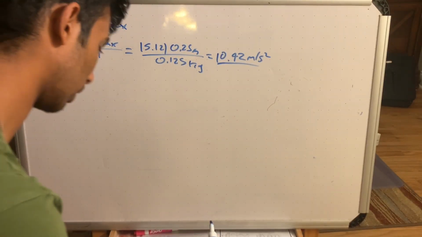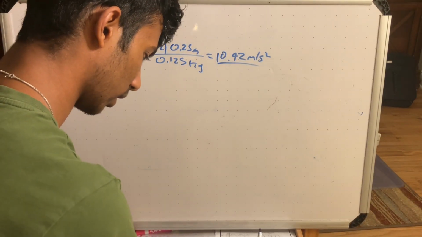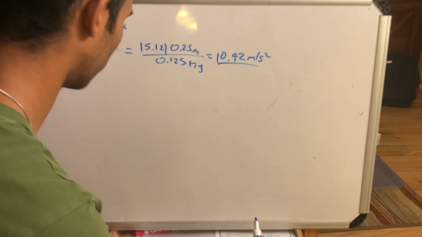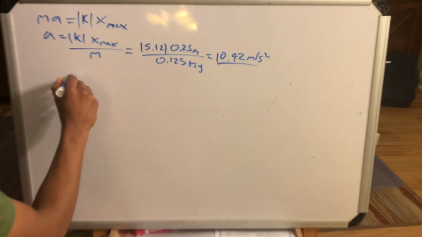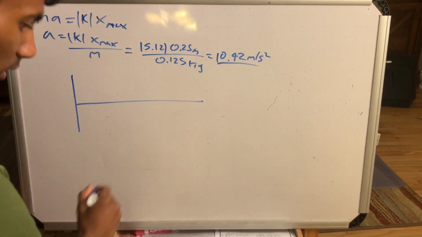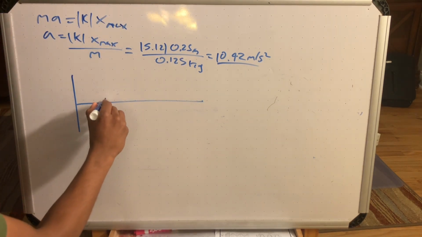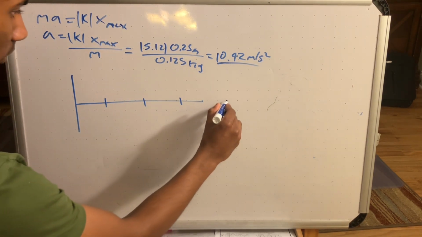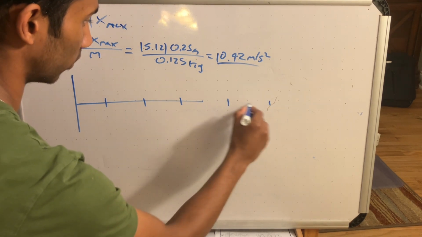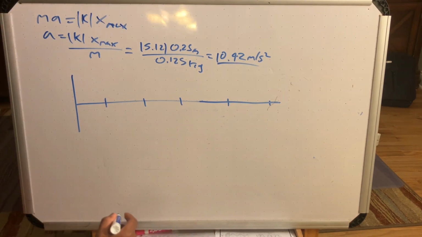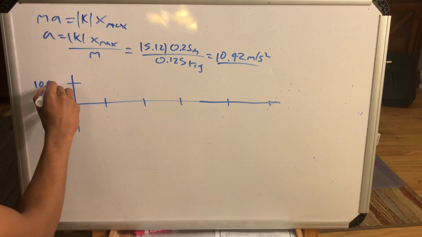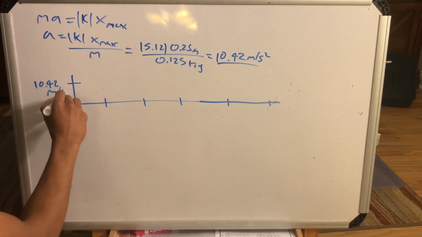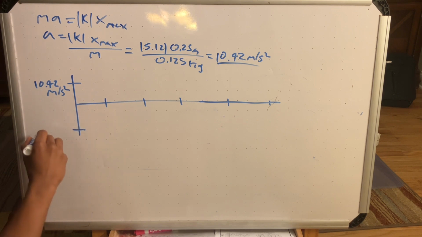The next point that I lost on part B was that my acceleration graph was not sinusoidal, or however you say that. So here is the graph, and these are the timestamps. 2.5 over there. What I did was kind of like a linear graph, but it should have been curved at the edges.